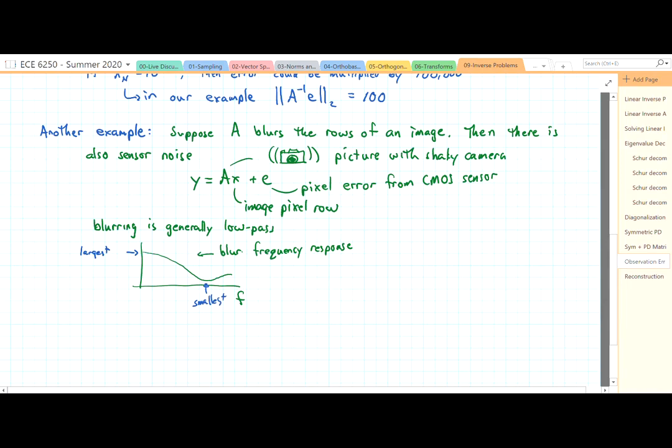And so A inverse would generally look like that. It's going to amplify the noise a lot in that little area where we had cancellation by the blurring filter. So this amplifies noise.